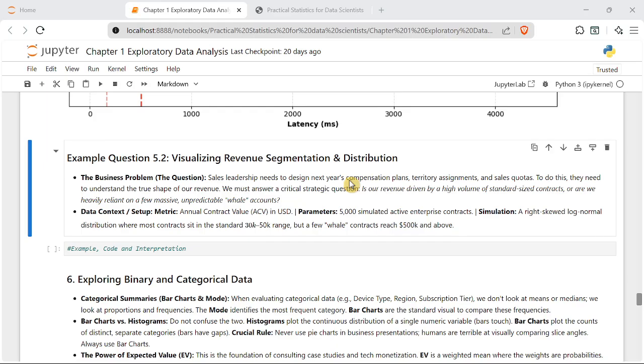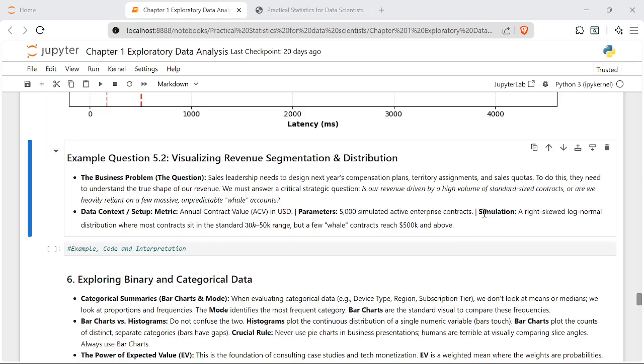This means the vast majority of our simulated contracts will sit right in that standard 50,000 range.